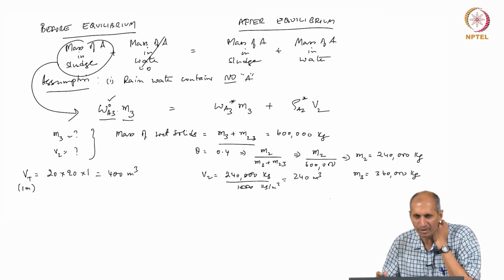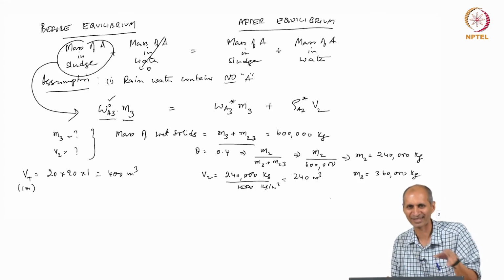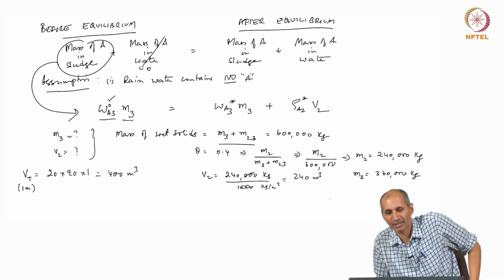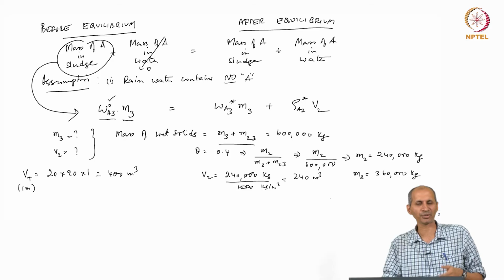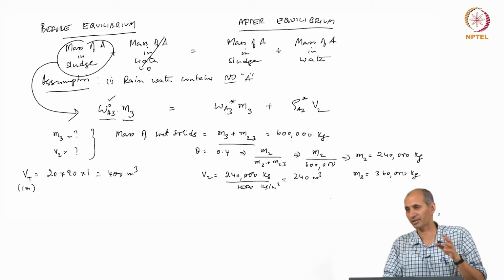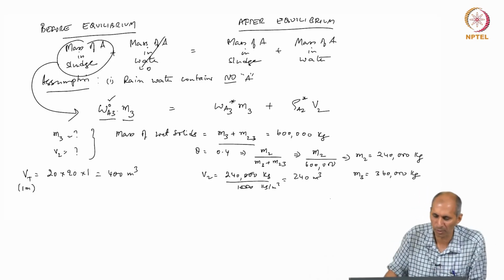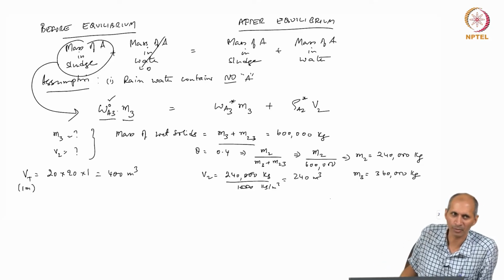For now we do not need anything else, we can do the problem using this. But in some cases you need to calculate the reverse: if the moisture content is not given, you need to estimate the water content. So you need the volume occupied by the solids, which means I need the particle density of solids. From mass I will calculate particle density, use it to calculate the volume of solids V3, and then use whatever is the balance volume.